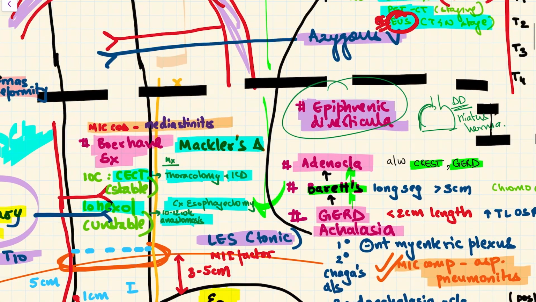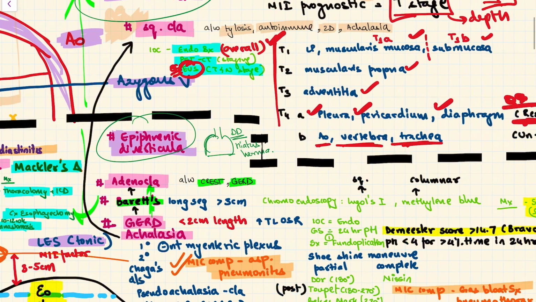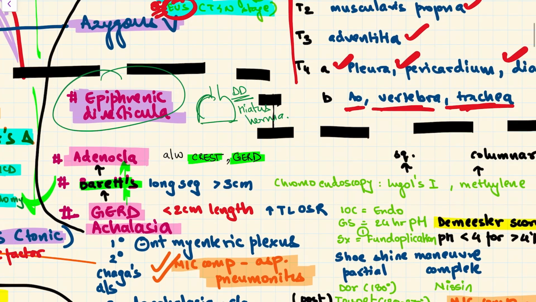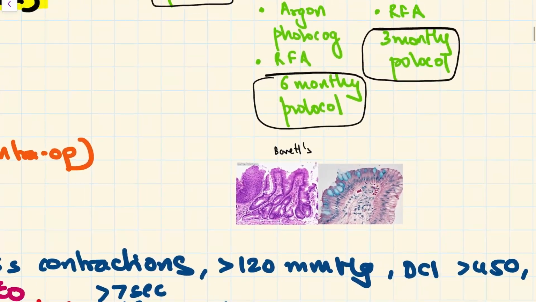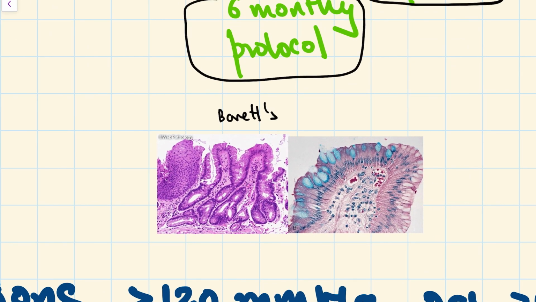Fine. Then Barrett's esophagus is an important topic. It's a favorite question of AIIMS people. What they show is generally a histo image. Here you can see the esophagus. The esophagus is made of squamous epithelium and the stomach is made of columnar epithelium, right?